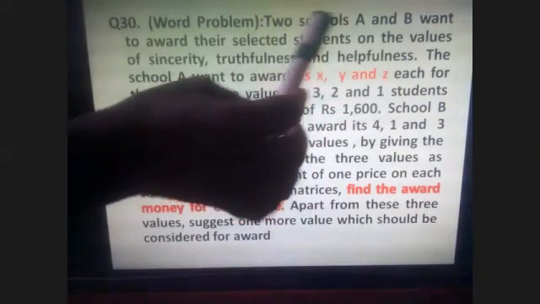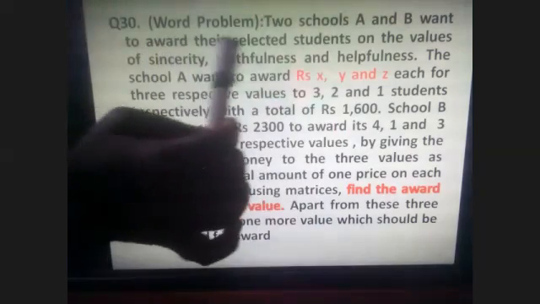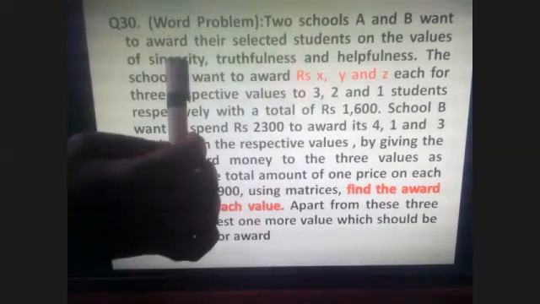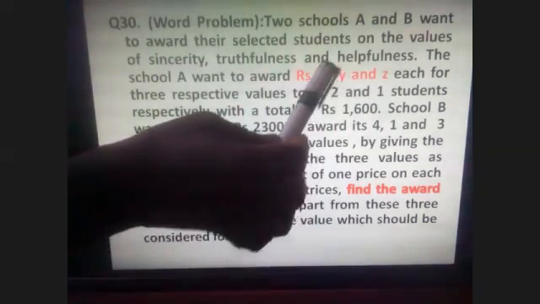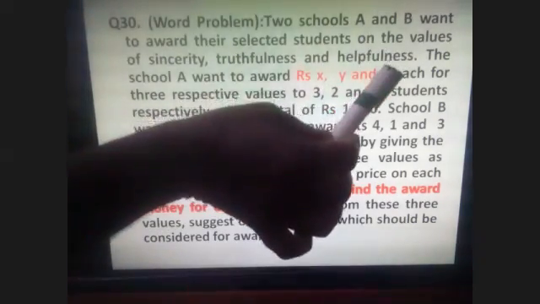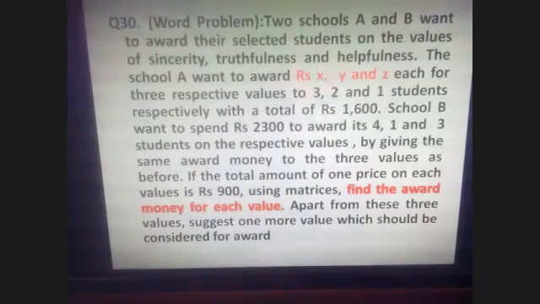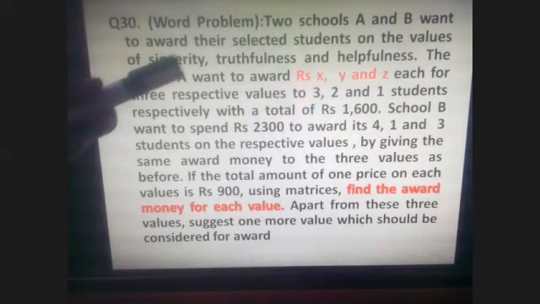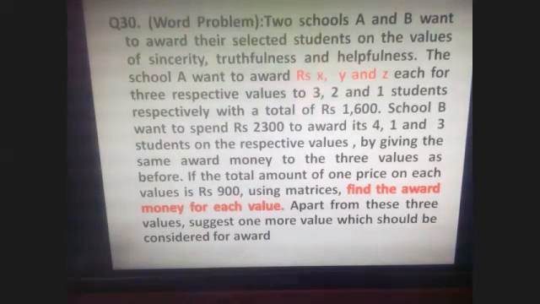Award for sincerity, X, and award for truthfulness, Y, and award for helpfulness, Z. That will be our first sentence. Let X, Y, and Z, of course, that much is given in the question. That is helping you. Let rupees X, Y, and Z be the award money for sincerity, truthfulness, and helpfulness, respectively.